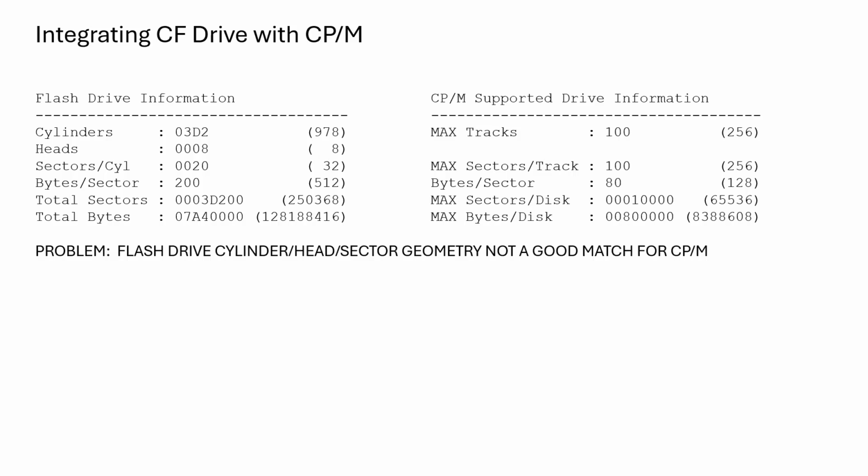It supports a maximum of 256 tracks per drive and 256 sectors per track. It's really difficult to get that mapped in. On the ATA side, it's got cylinders, heads, and sectors, where CP/M is just tracks and sectors. It can be a challenge to figure out how to get this CF drive mapped to something that CP/M can use.